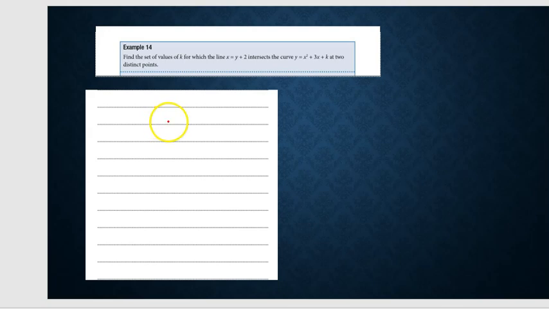If both of these equations are equal, they meet when x squared plus 3x plus k is equal to x minus 2. Even though here you have x equal to y plus 2, you need to represent all the equations in terms of x.